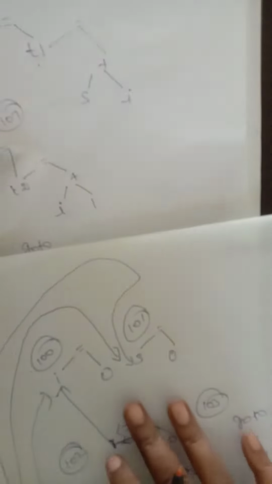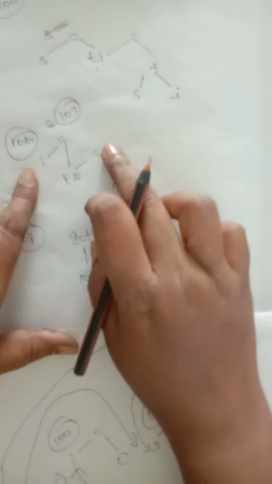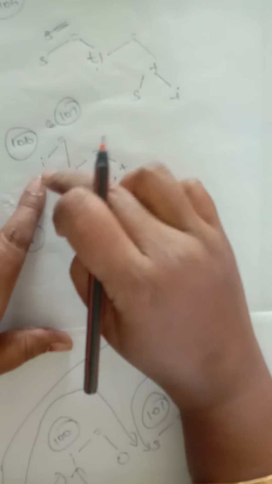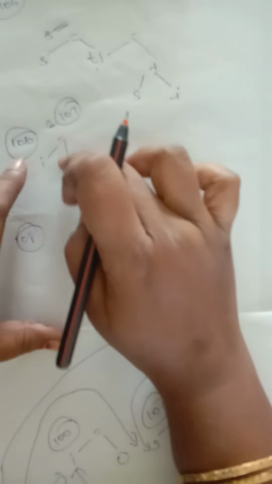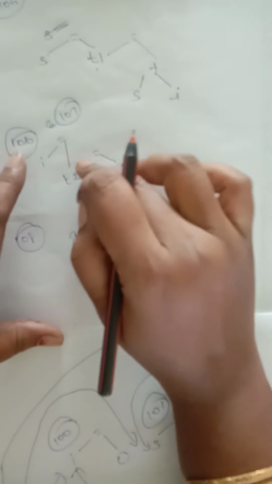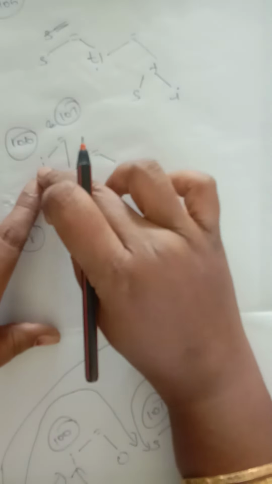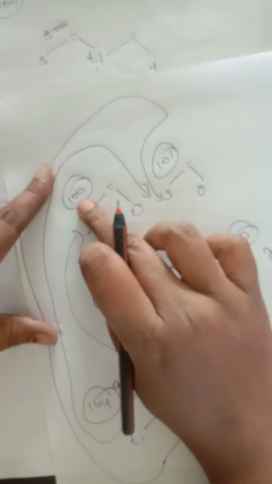Now next we have to construct DAG for 106 and 107. 106 is T2 equal to I plus 1. 107 is I equal to T2. So how we have to construct DAG? Here because the variable I is already used in line number 100.